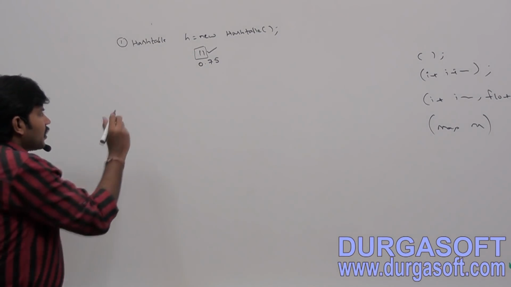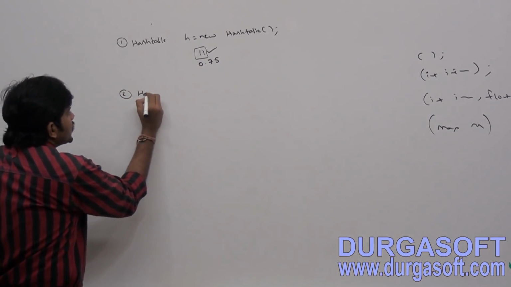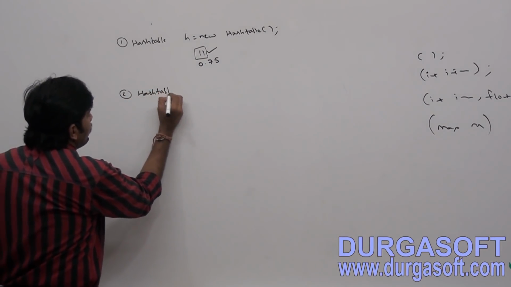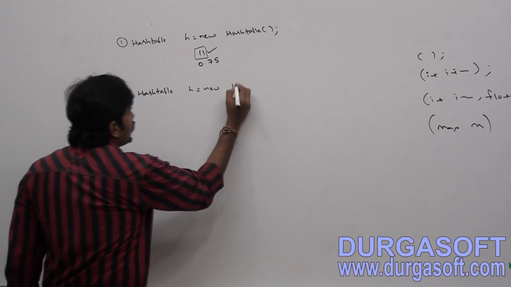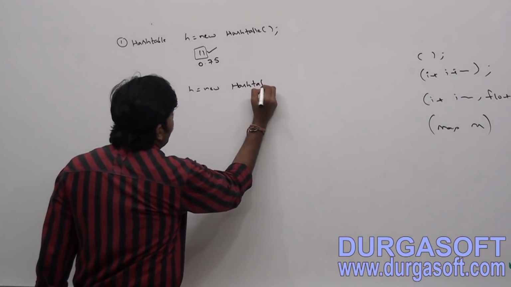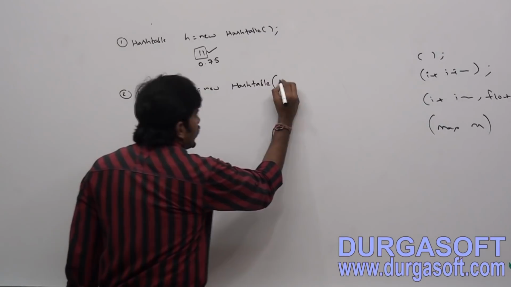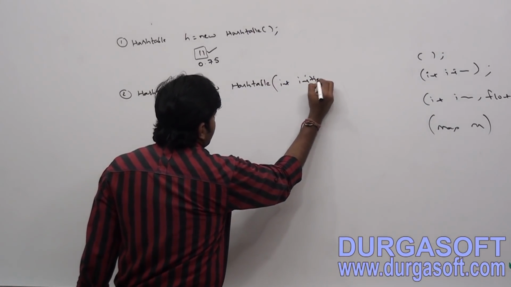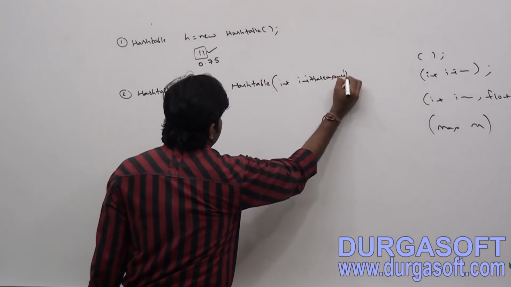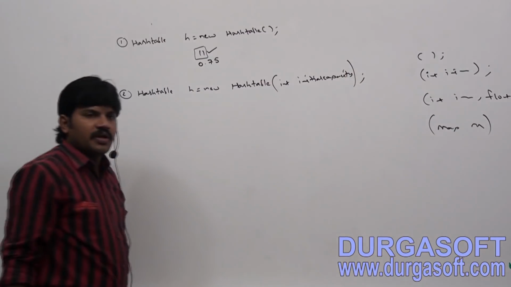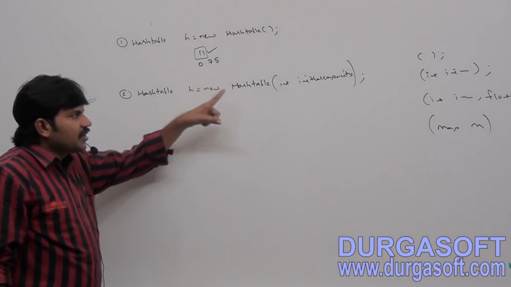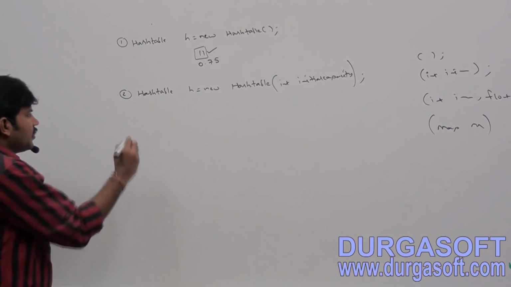Remember. Now second one, hash table h is equal to new hash table of int initial capacity. Sir, whatever capacity I want, can you please create a hash table object like this.